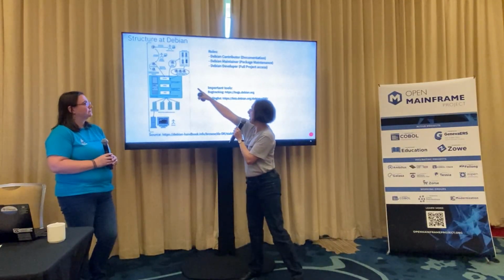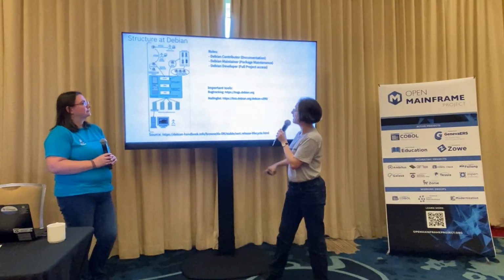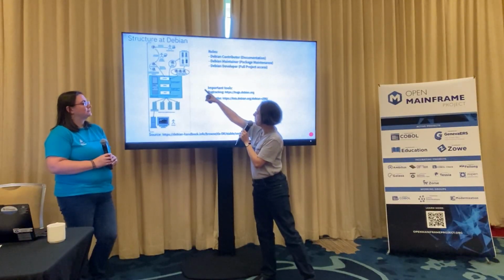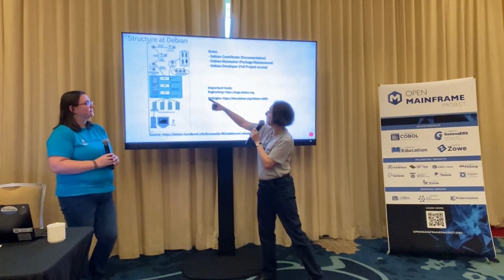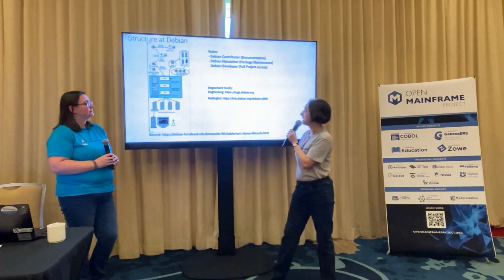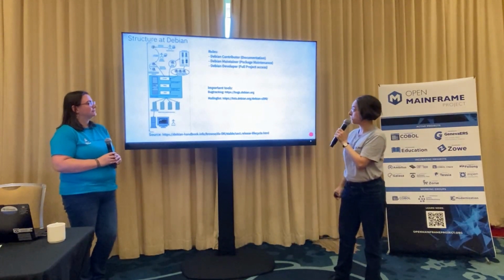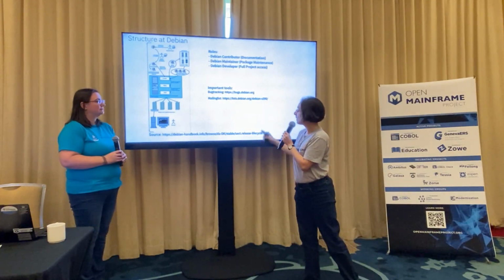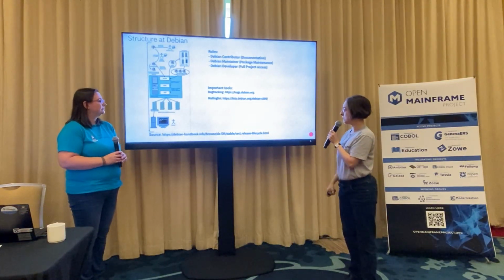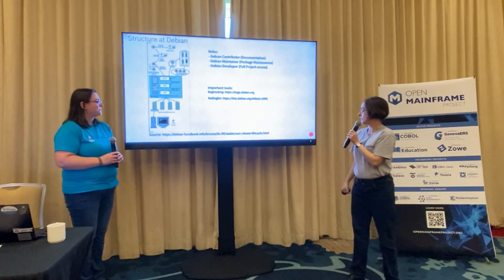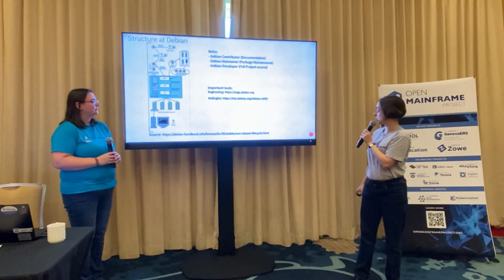Here we have the different architectures. After testing in the test stage, the source packages can go to the different ports. And in this way, we also have the FTP share, then all will be published.